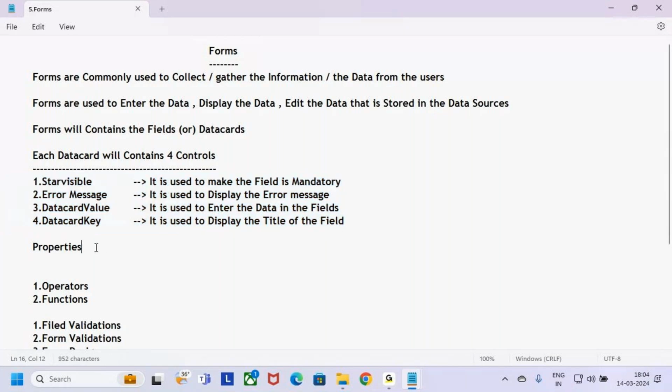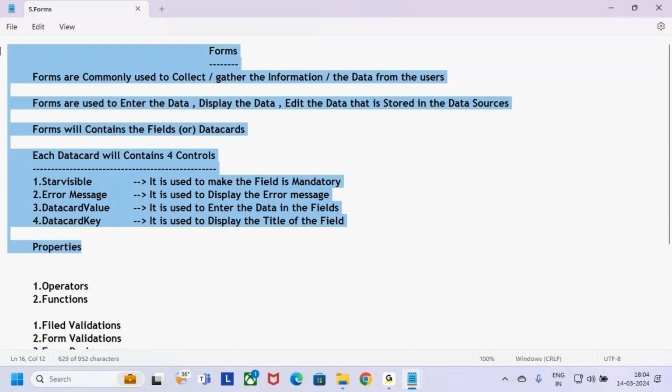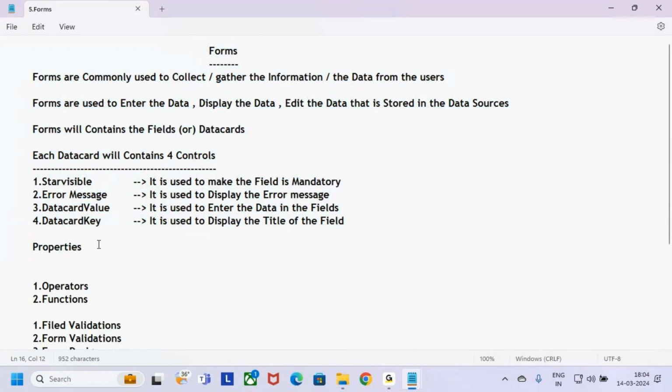We also discussed something called form properties, how to enter the data, and how to submit the form's data into SharePoint as a data source.